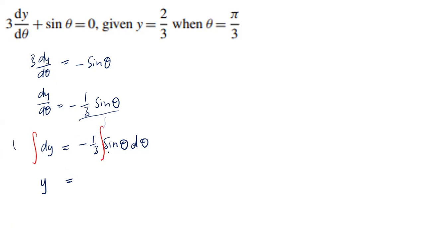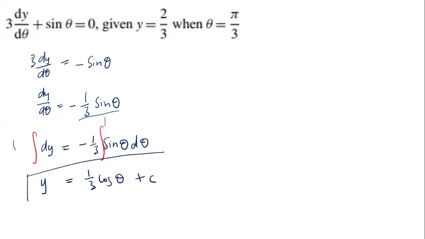But be careful, use your table to avoid making mistakes, because sometimes you forget whether the integral of sine theta is going to be a positive cos or a negative cos. It's going to be a negative cos. So the integral of sine theta is negative cos, but that negative multiplied by this negative is going to be positive. So we're going to have 1 over 3 cos theta plus c.